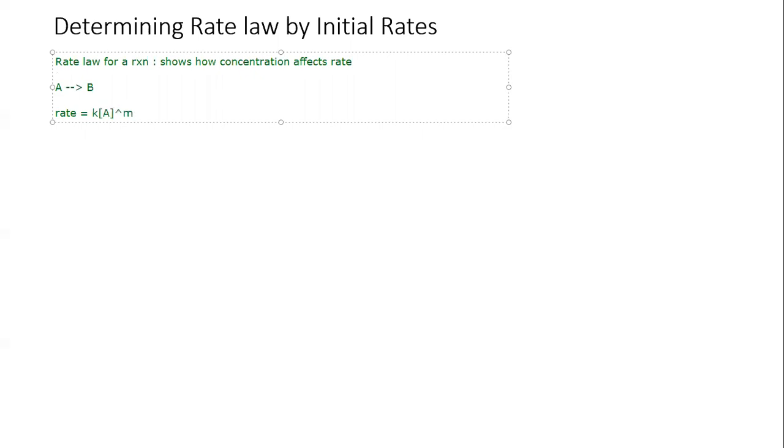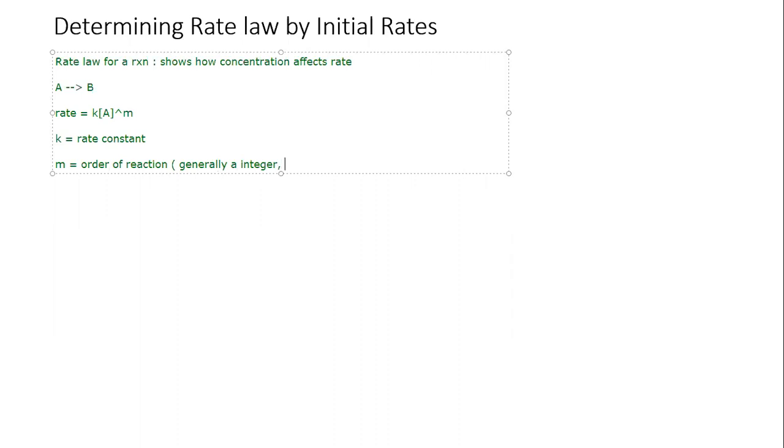So to explain what the different components are, k is referred to as the rate constant. A, of course, is the concentration of your reactant. And m is the order of reaction. And generally, this is an integer.